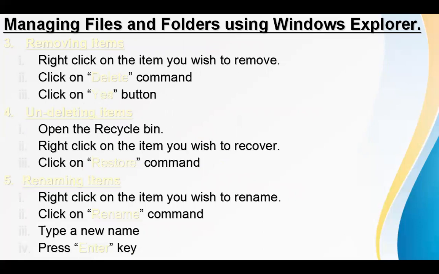Removing items, you can simply remove items by clicking on the delete command in Windows Explorer, then clicking on this button, then it will be removed. You can undelete these items by going to the recycle bin, then clicking on the restore button, and it will be restored to the original location.